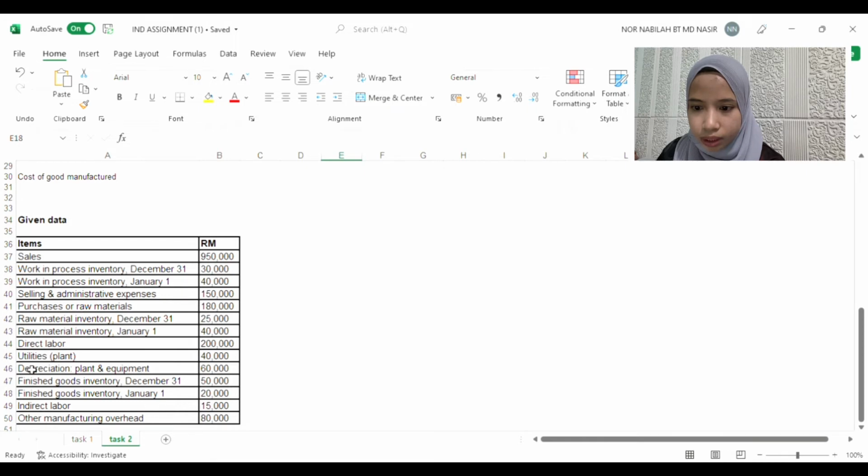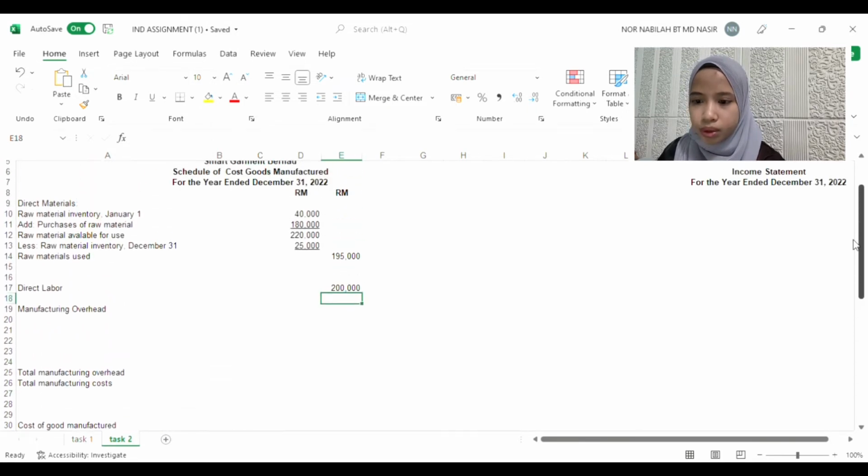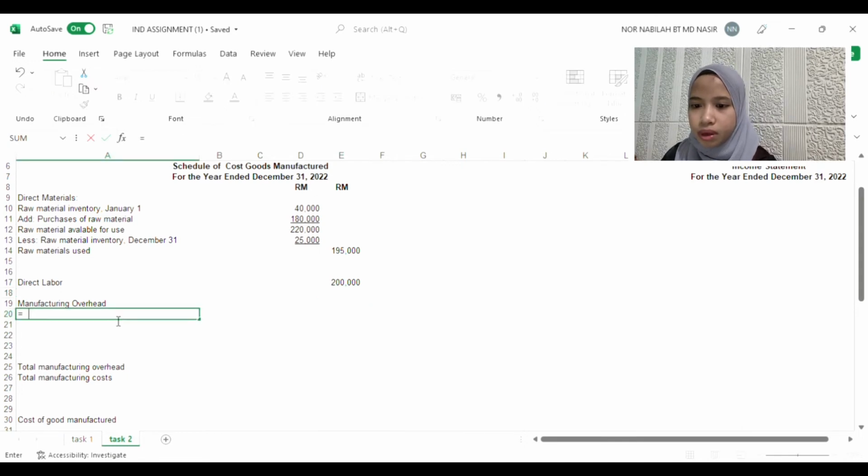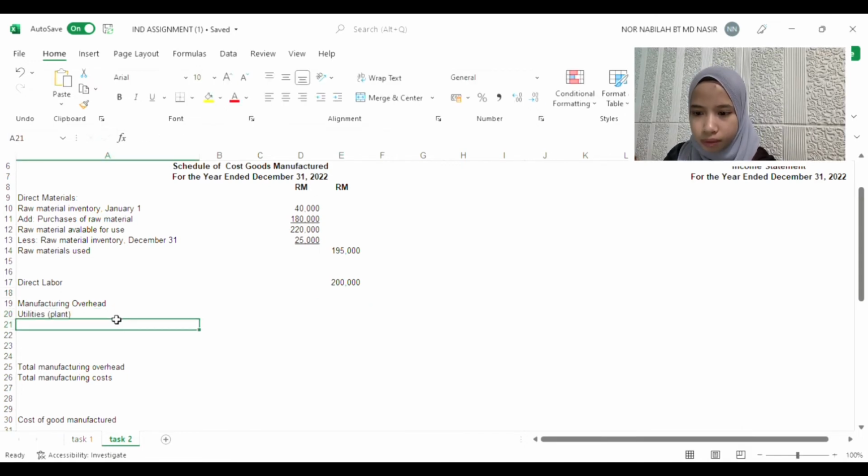We have utilities plant, depreciation plant and equipment, indirect labor and other manufacturing overhead. We have to add all the amounts. First, utilities plant, 40,000.